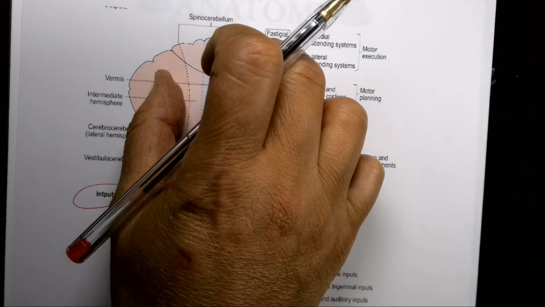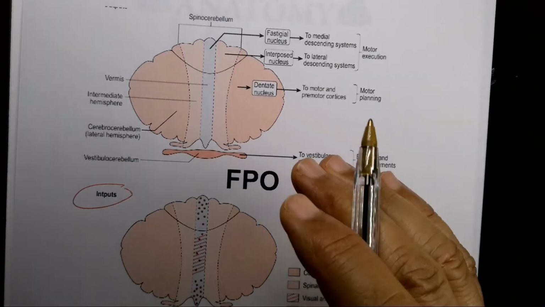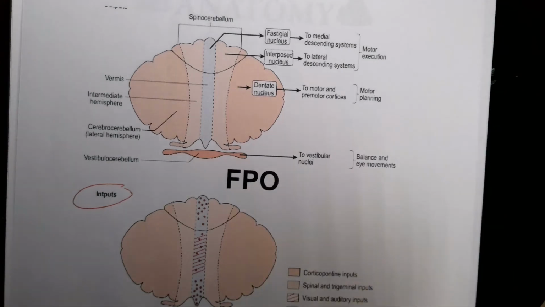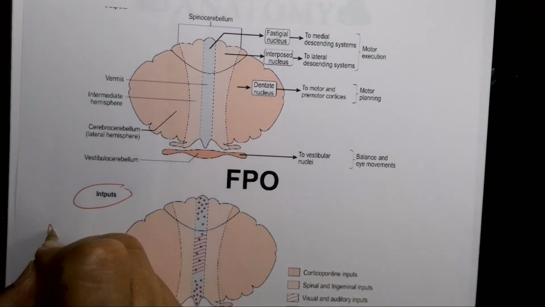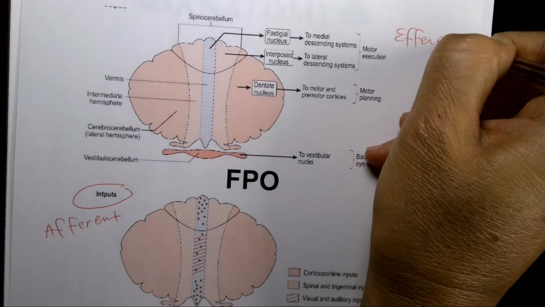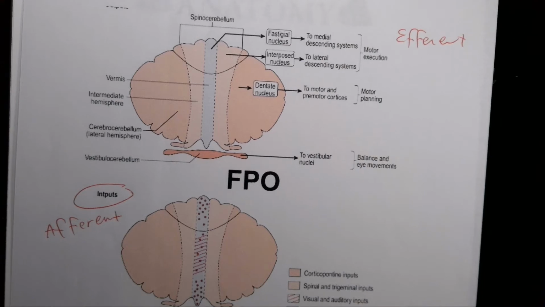Output means the efferent, the one coming from the cerebellum to other parts of the brain, and the input is the afferent. You will see a unique arrangement.